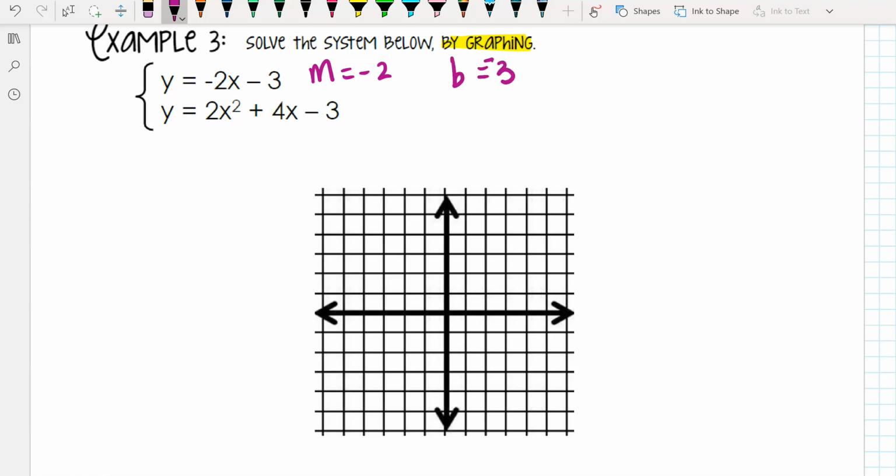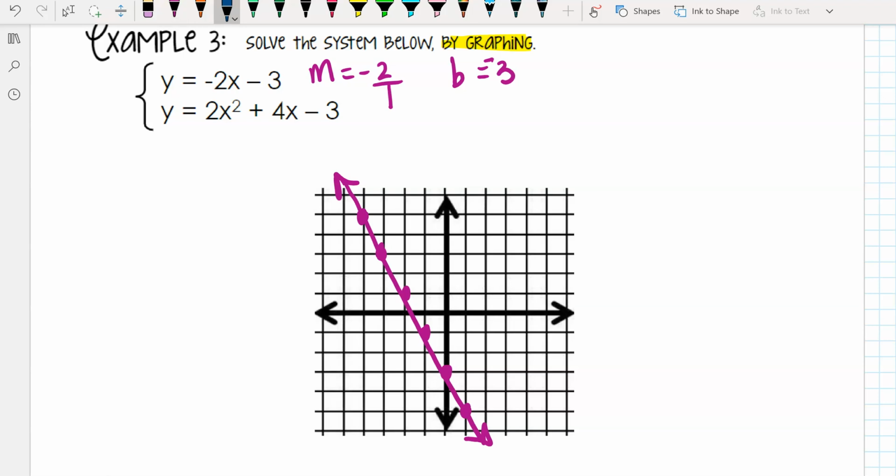So I can go to -3, put a dot, and then it's going to be down 2 over 1. So I can also go up 2 to the left 1 and get the rest of my points. And again, you're graphing by hand, so you need to be very careful, because if you don't graph correctly or you graph sloppy, then you're not going to see the intersection you want.